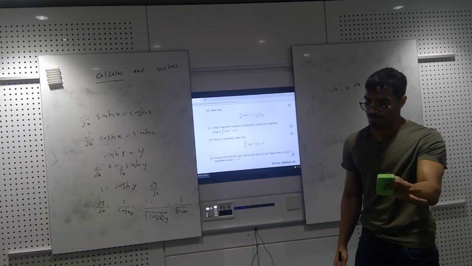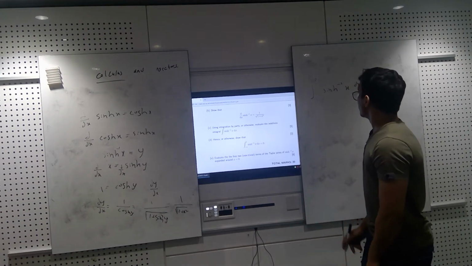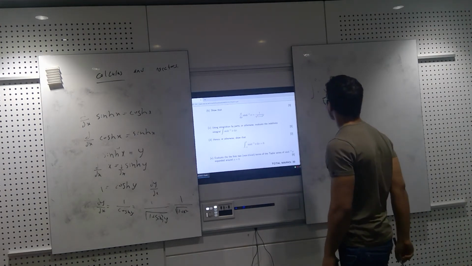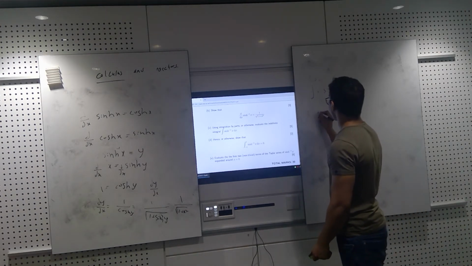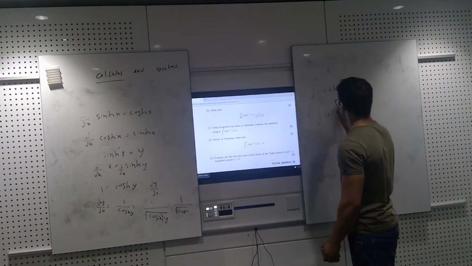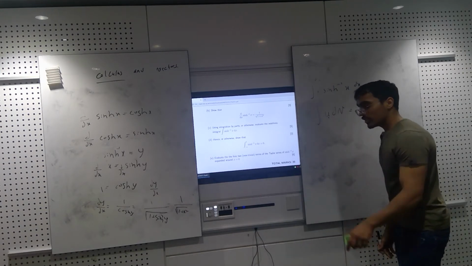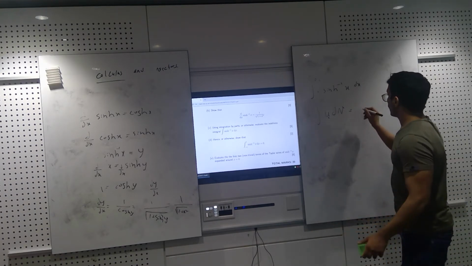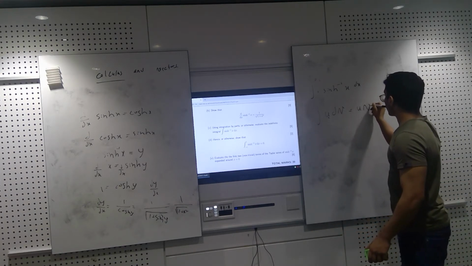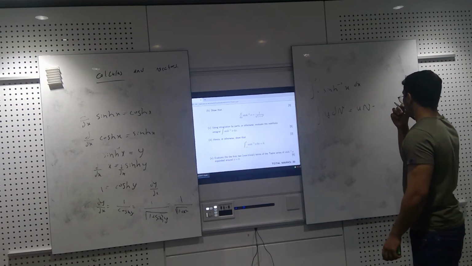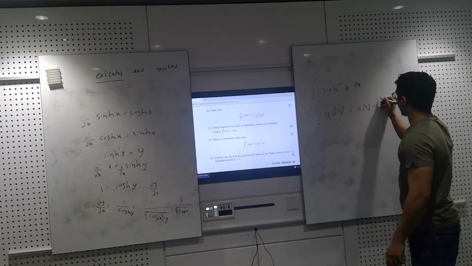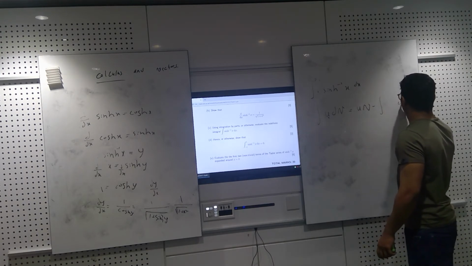Don't integrate x, please, guys. You integrate 1. So if you have something as u dv, where u is something you can differentiate, and dv is something you can integrate, you write the integral as uv minus the integral of v du.